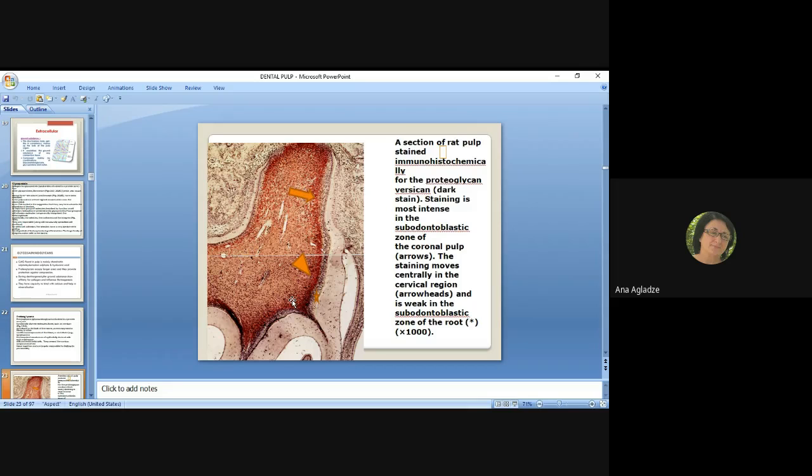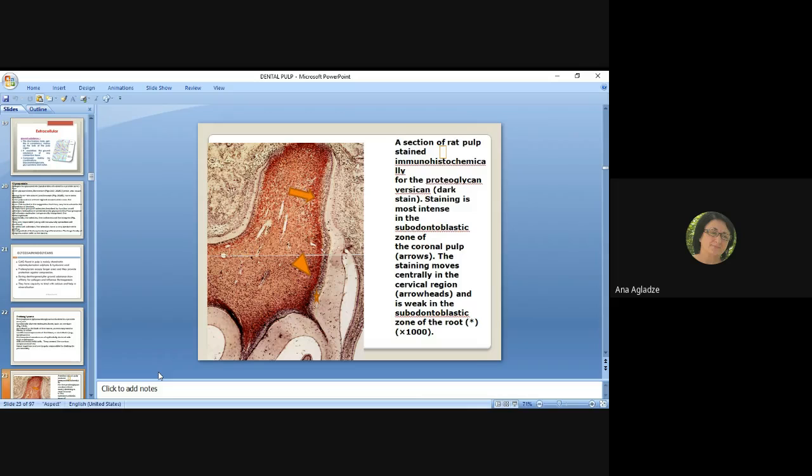This fibronectin is present in the odontoblastic layer, especially at the border between the cell membrane and predentin. It is therefore concluded that fibronectin helps to create a tight seal in this location.